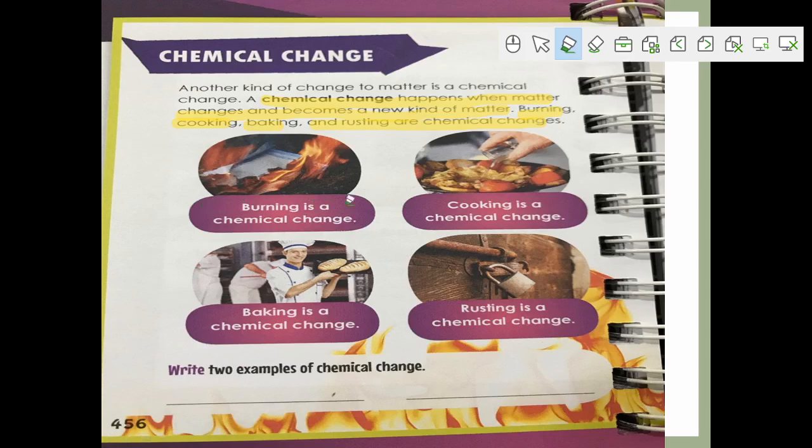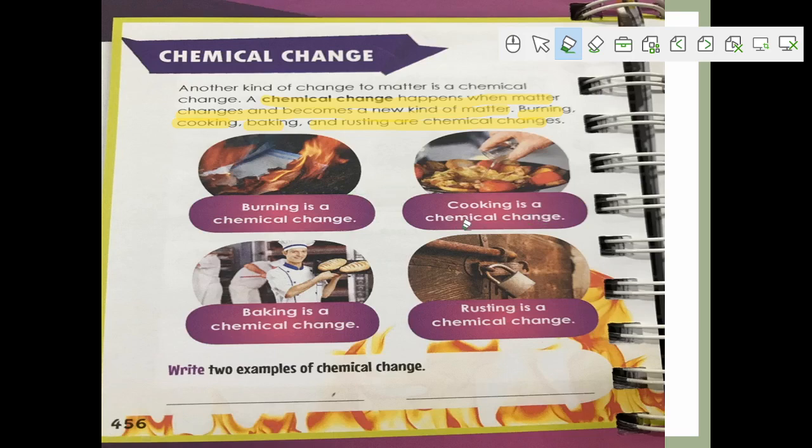Burning is a chemical change. Look, we are burning paper. If I burn paper, we will have ash. The ash is the black color. We cannot return the ash back into paper.